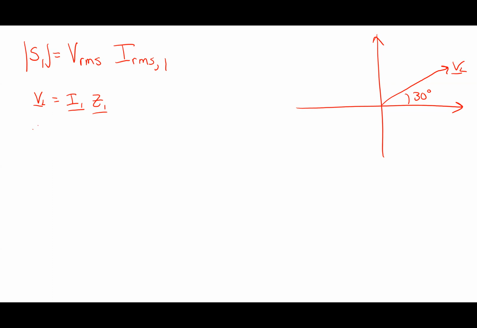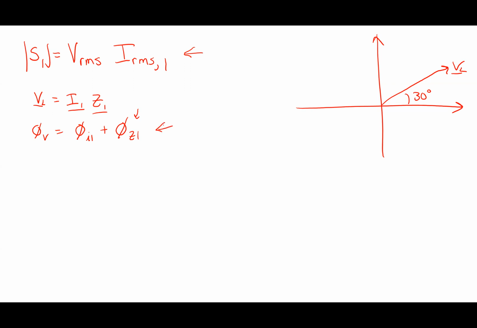So in other words, I know that the angle of V equals the angle of I1 plus the angle of Z1, like that. So I know this already, and I know this already, so I could figure out this. This will tell me the magnitude. This will tell me the angle.